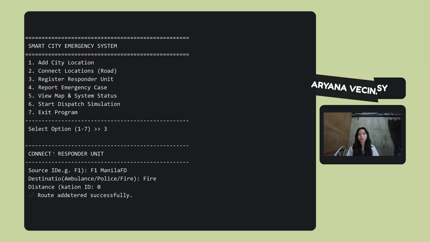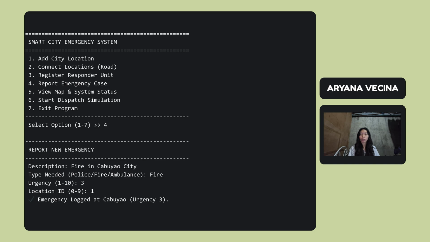The SCRMS application prioritizes data transparency to build trust in its dispatch decisions. The system provides clear status reports via option 5, which allows the user to view the full graph connections and the exact station location of every fire and police unit before any simulation begins.